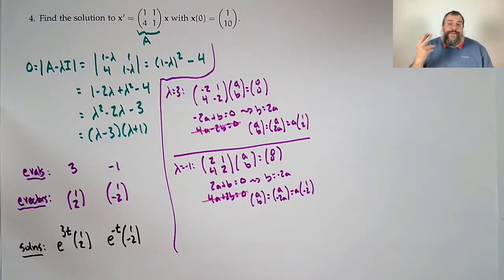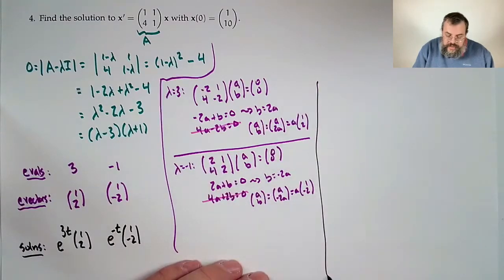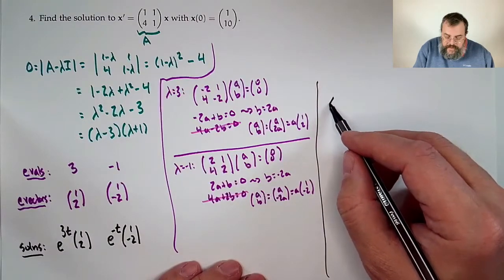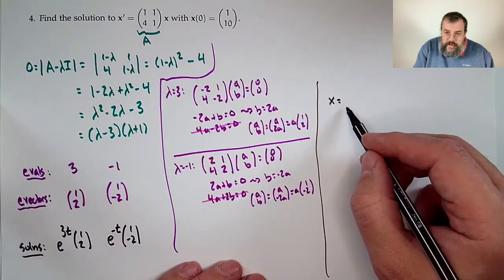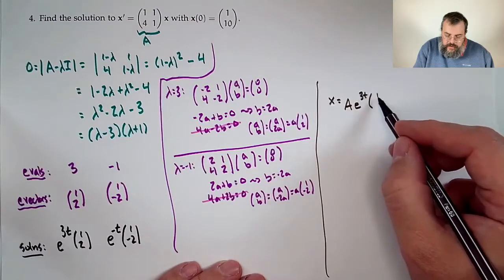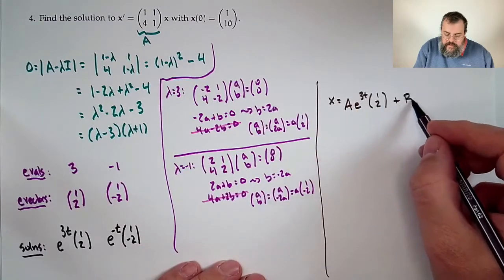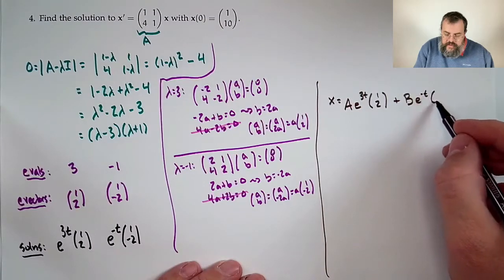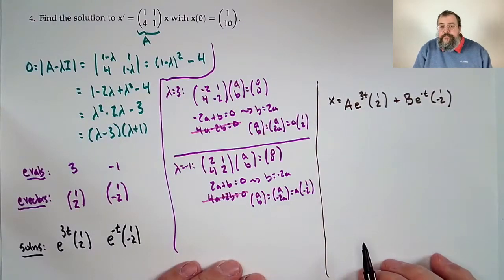So we found our 2 solutions. And once we have those 2 solutions, we say, oh, well, that's really all the solutions, because we can stitch them all together. There's that notion of superposition. So we now have that x looks like some constant a times e to the 3t (1, 2), plus some constant b times e to the minus t (1, -2).